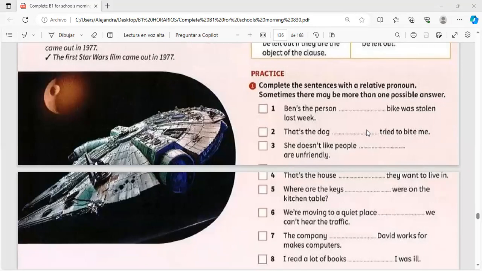Okay. Ben is the person. Bike was stolen last week. If the bike belongs to Ben, which word can I use here? Maria, the bike belongs to Ben.